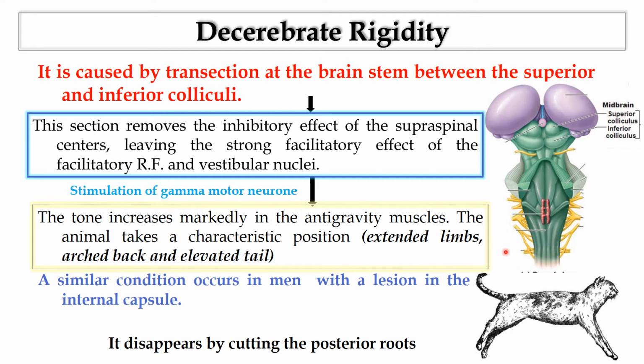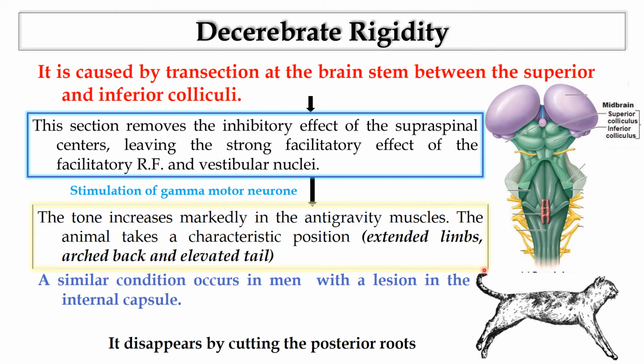So when we see this animal, with decerebrate rigidity by transection, the animal will be like that: highly arched back, extended forelimbs and hind limbs, and elevated tail, because the muscle tone increased. The muscle tone, which is a static response of the stretch reflex, as we mentioned, will be increased.